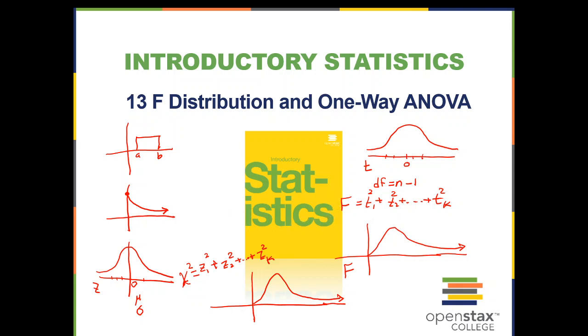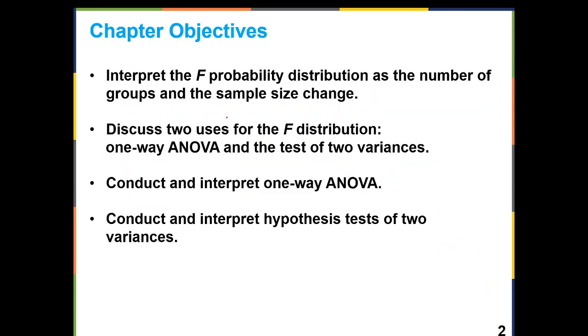Okay, so let's get started. In this chapter, we're going to talk about the f distribution. We're going to interpret what f probabilities are using the distribution, and we're going to discuss 2 applications of the f distribution. One is called ANOVA, which stands for Analysis of Variance, and that's what we're going to do mainly in this chapter.